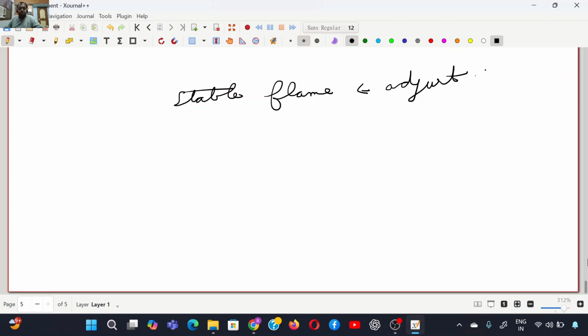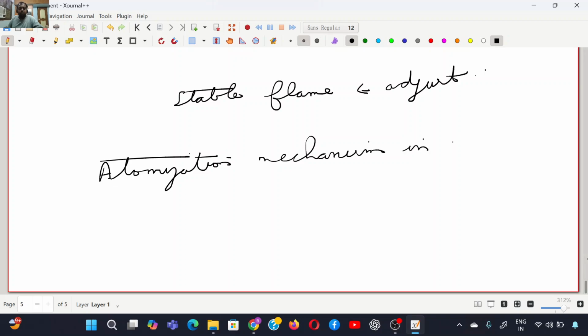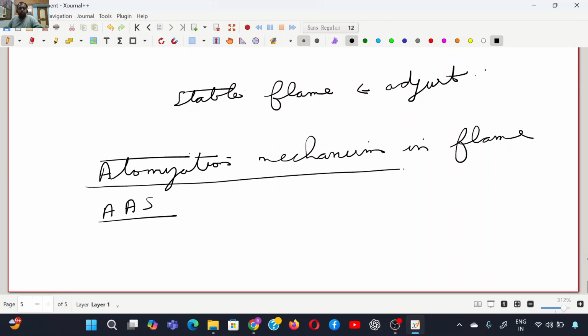So what is the atomization mechanism in the flame? I already told you that atomization is the most critical step, as only ground state free atoms produce useful absorption.